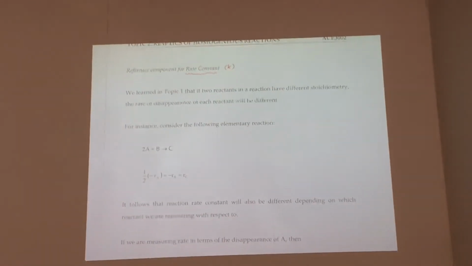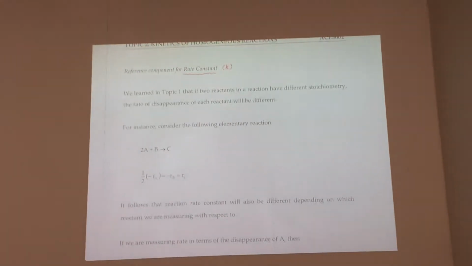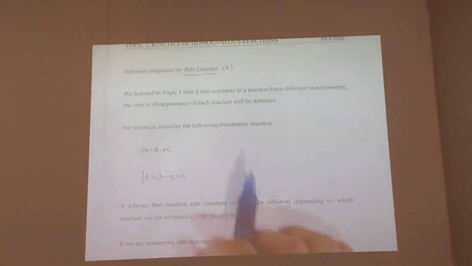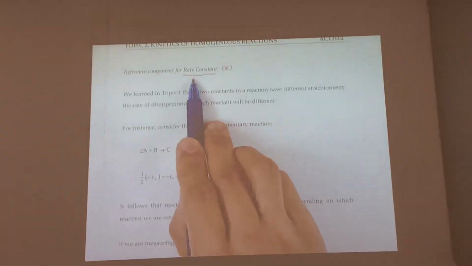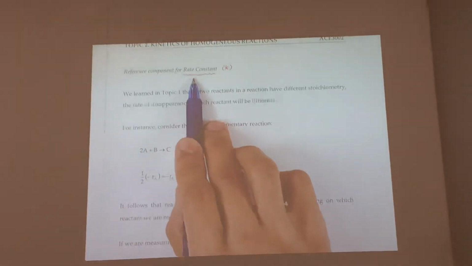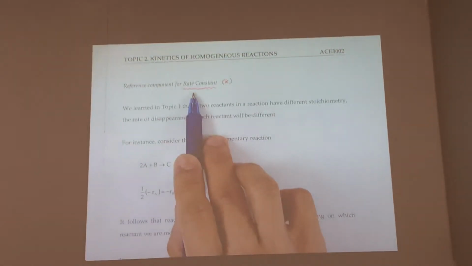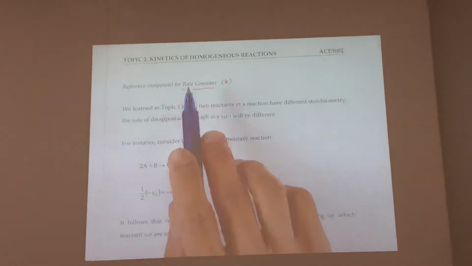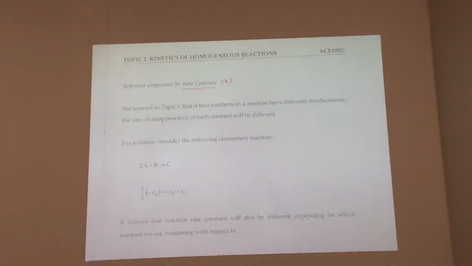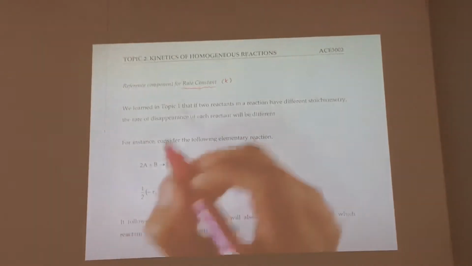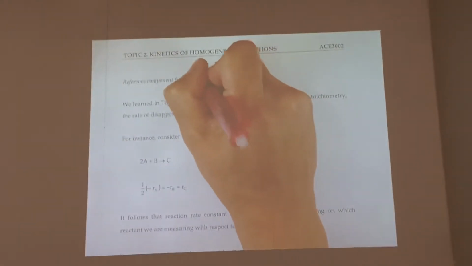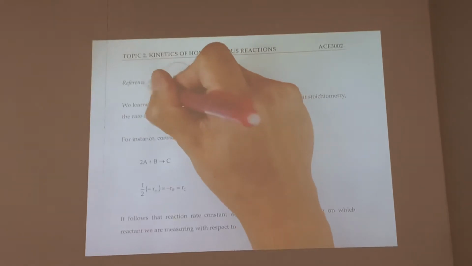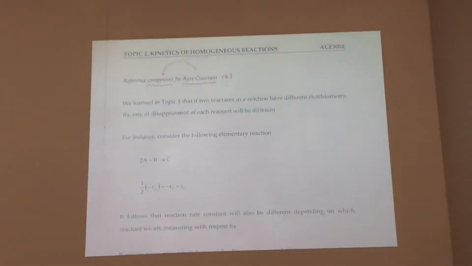This is another important point for this topic. When we are talking about the rate constant, you also need to identify which reactant you are talking about. The rate constant will depend on which component you are talking about.